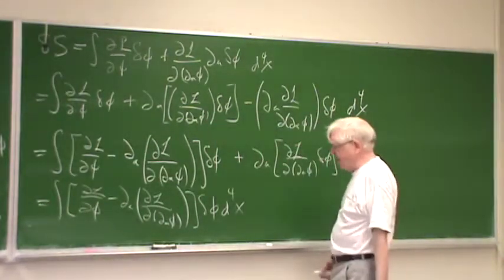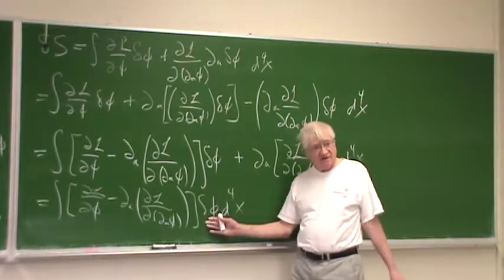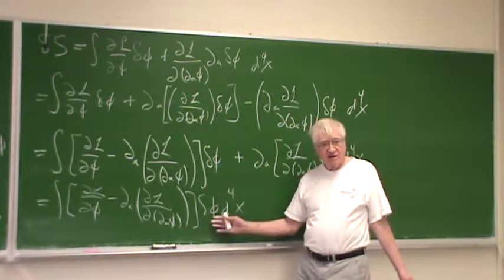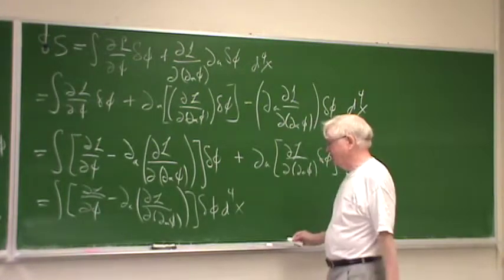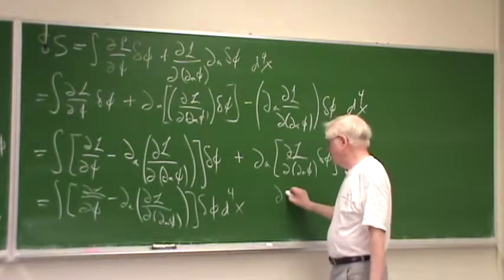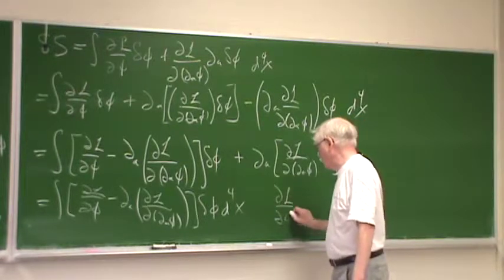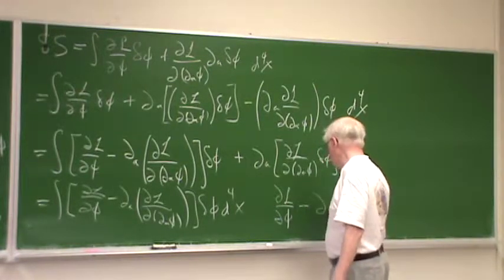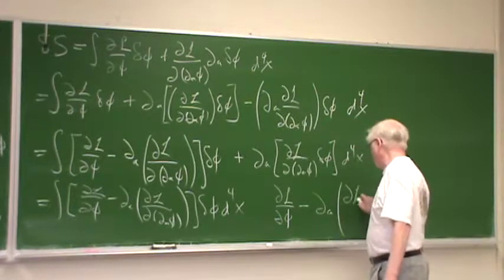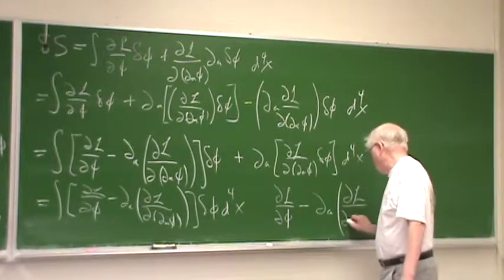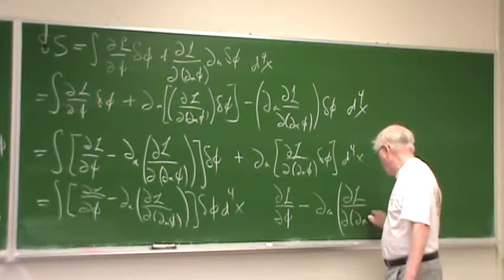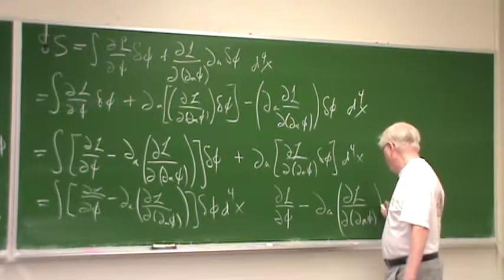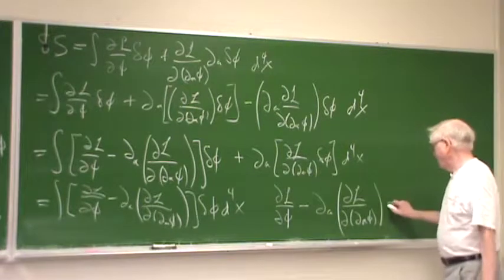We want this to vanish for arbitrary δφ in the here and now. And so that means in the here and now, ∂L/∂φ minus ∂_a ∂L/∂(∂_a φ) is 0.